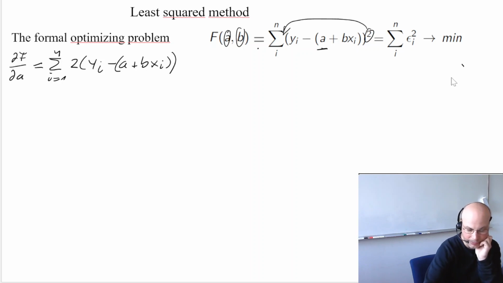And then we have the inner derivative: the derivative of minus a with respect to a is just minus 1.